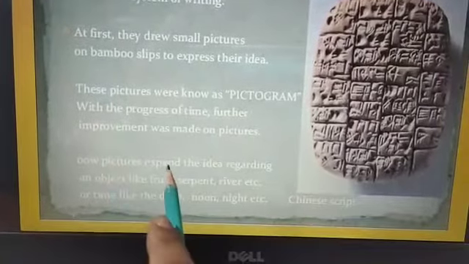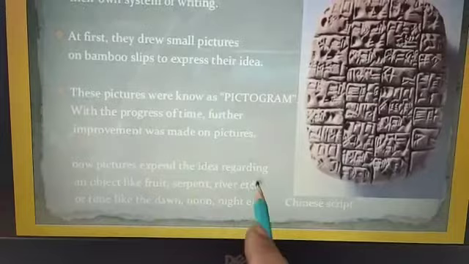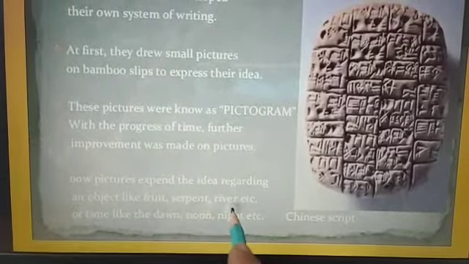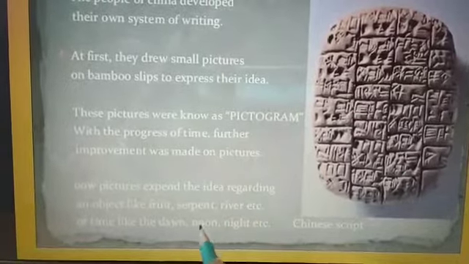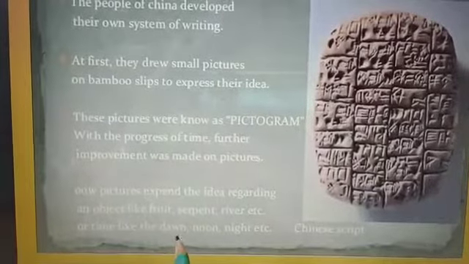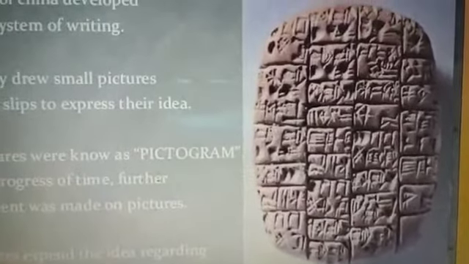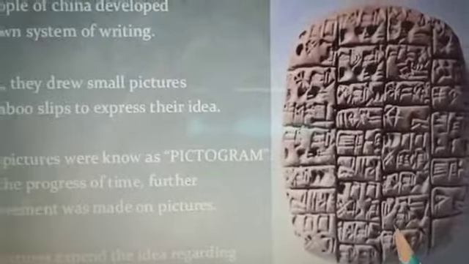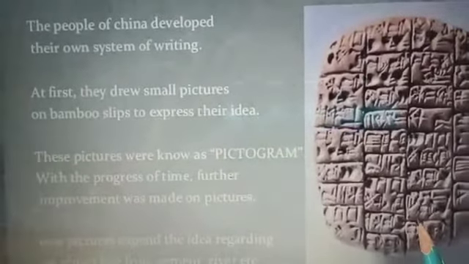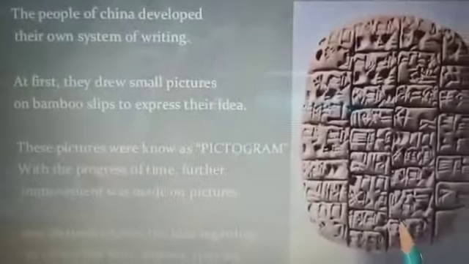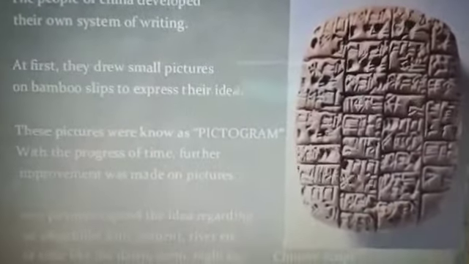They also drew pictures to express the idea of an object like a fruit, a serpent, a river, or sometimes the time of the day like dawn, noon or night. You can see the Chinese script, a small example given here.